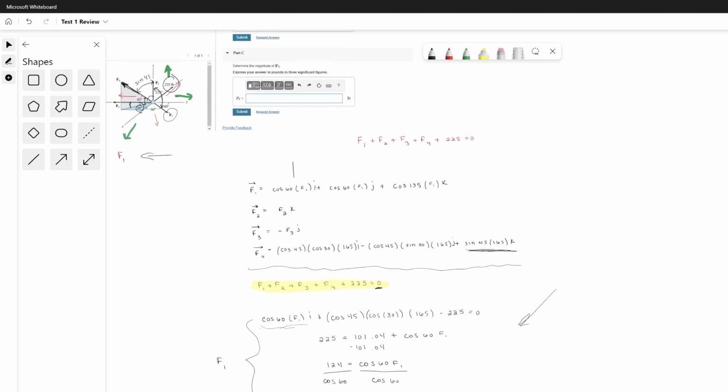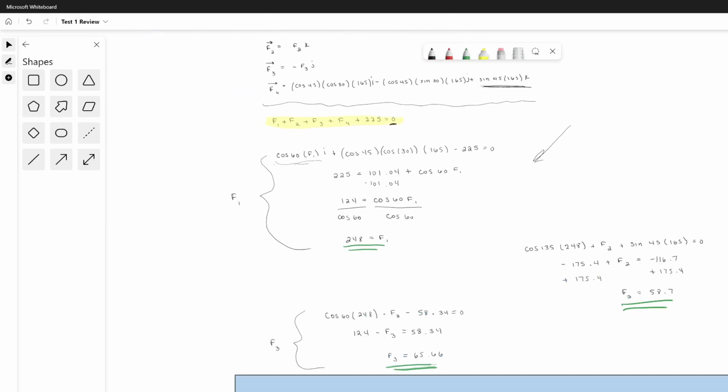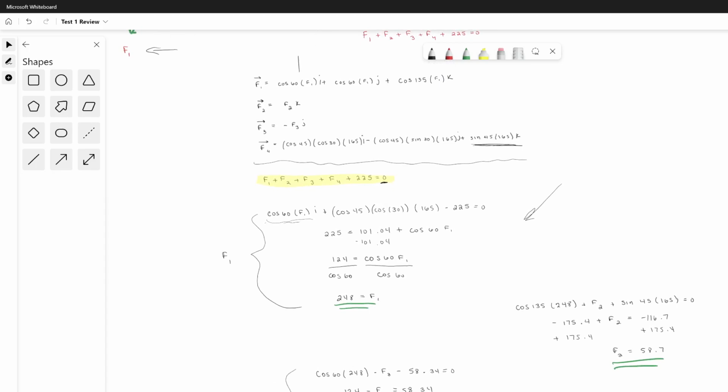And then you're going to do the same exact thing for F2 and F3. So here you're going to find the j. You're going to take this one, this one, and this one, and put them together in an equation.